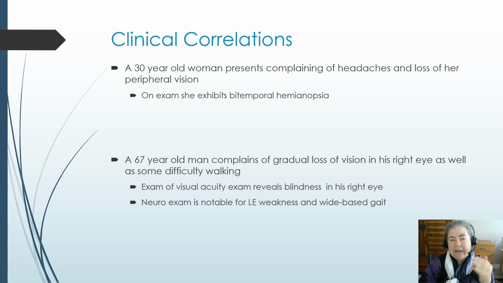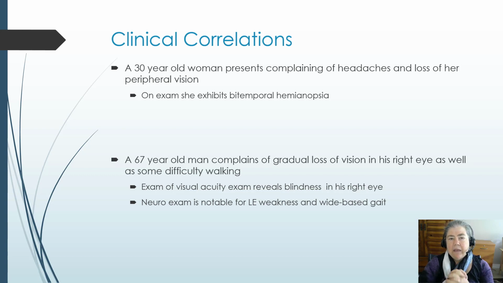Okay, and again, these are additional problems like tumors, strokes, infection, inflammation can cause problems in the optic radiations or in the actual occipital visual cortex, that can cause different kinds of field cuts, like quadrant field cuts.